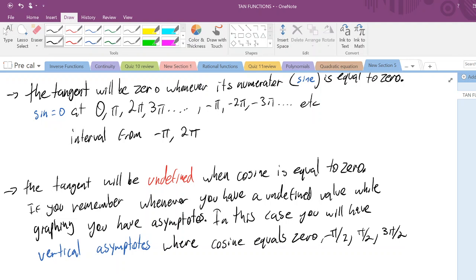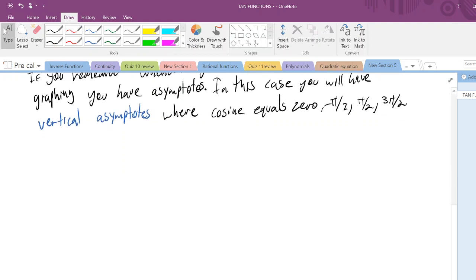So when you look at your x-axis, the graph is not going to touch that value, so you have to draw a little vertical asymptote there. The vertical asymptotes go with your x, and the horizontal asymptotes go with your y. Since cosine is in the denominator, but it's the x, there's going to be vertical asymptotes at that place.